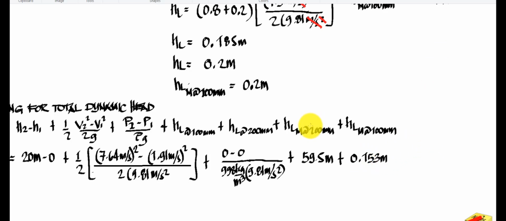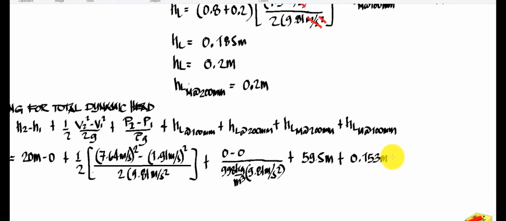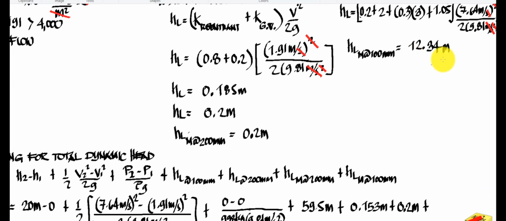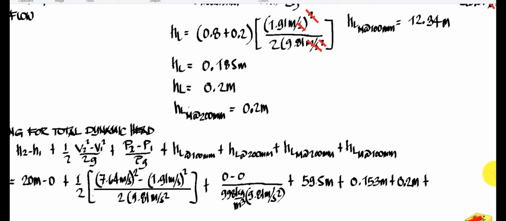Then plus the head loss minor at 200 mm, so that will be 0.2 meters. So ito yun. Okay. Then plus the head loss at the 100, so we have 12.34 meters.